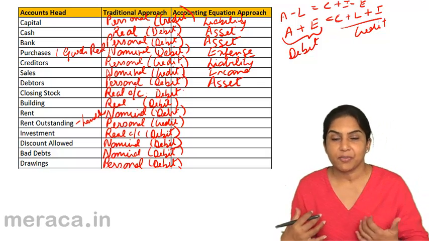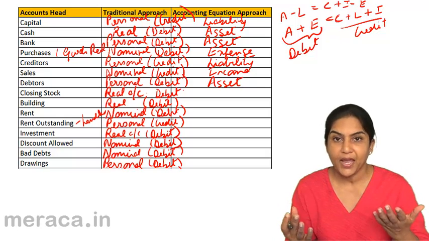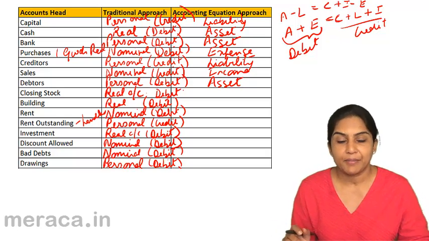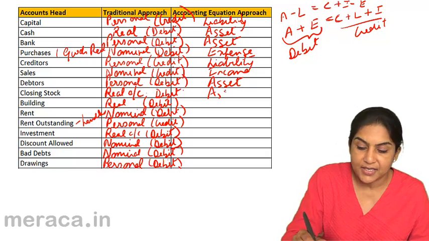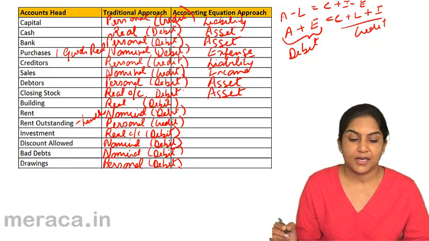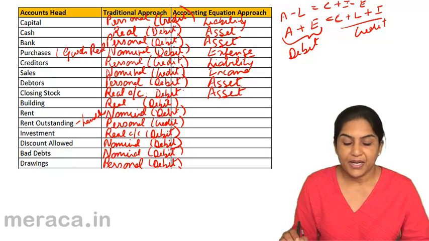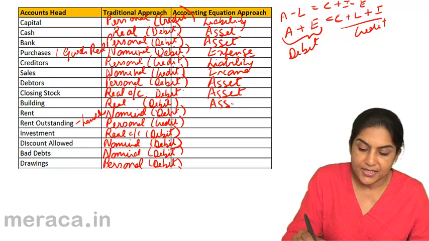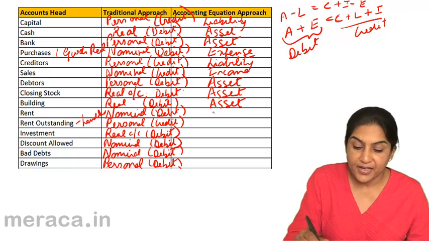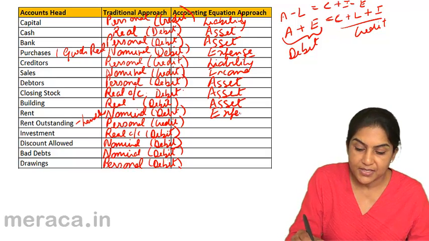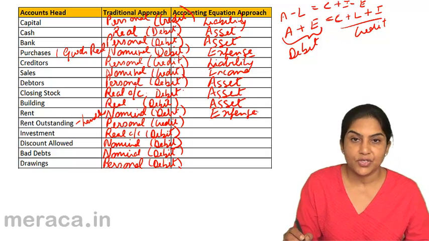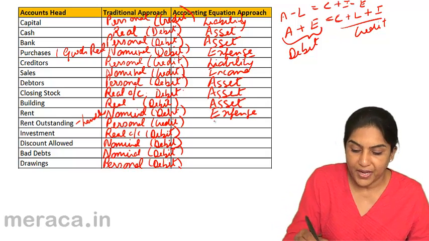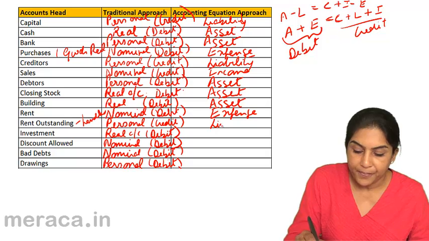When we have a receivable, it's an asset. When we have to pay, it is a payable, it is a liability. Closing stock is an asset. Building is an asset. Rent is an expense. Rent outstanding. What is outstanding rent? A liability to pay. Therefore, it is a liability.